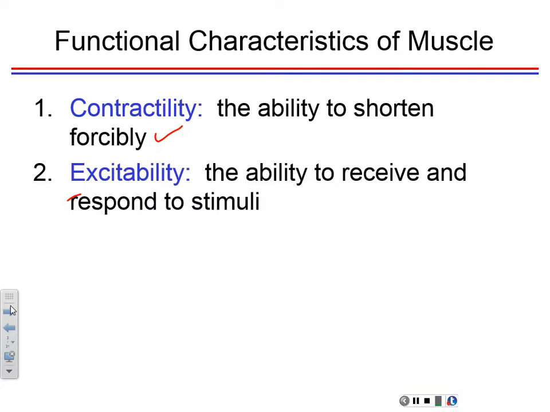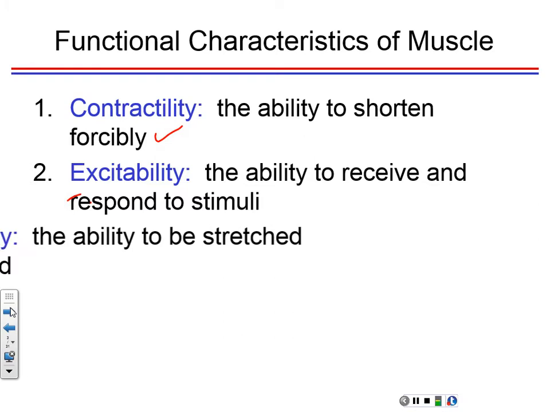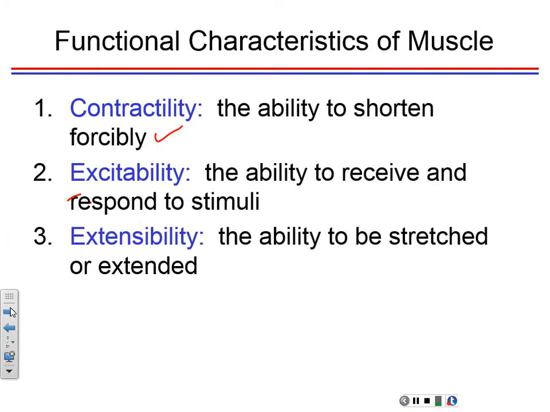So being able to be excited, to respond to stimuli, is an important function of muscle. Later on we'll talk about how some muscles can self-excite like the heart and some smooth muscle. But skeletal muscle for the most part is voluntary control. You have to think about actually contracting the muscle for it to contract. But there are instances when it's involuntary control.